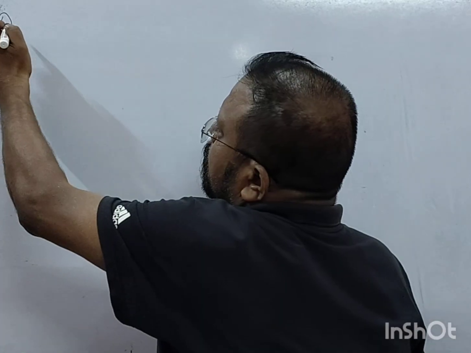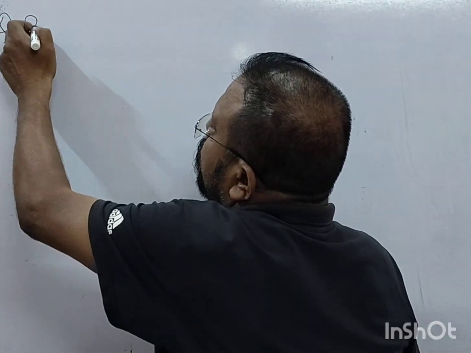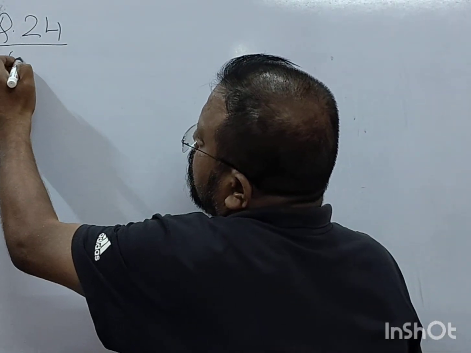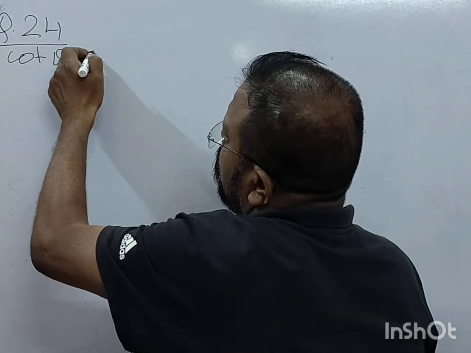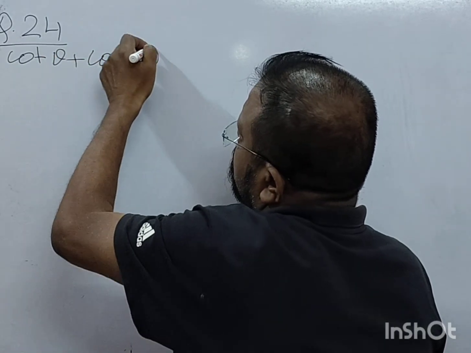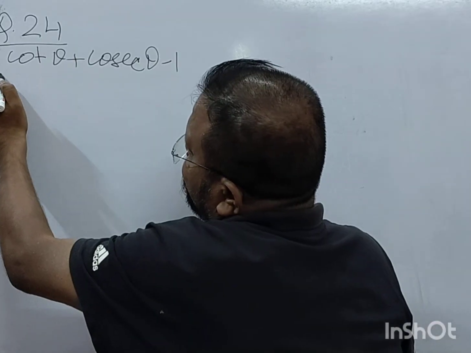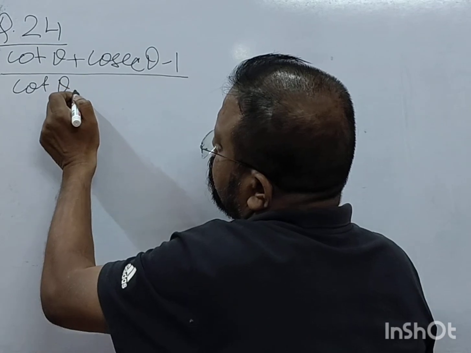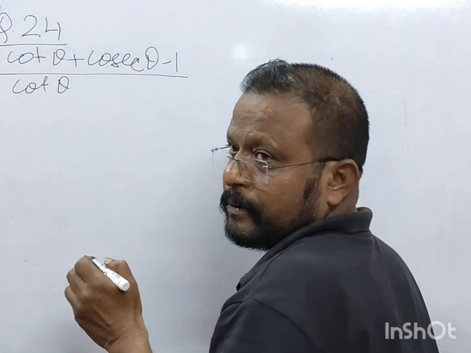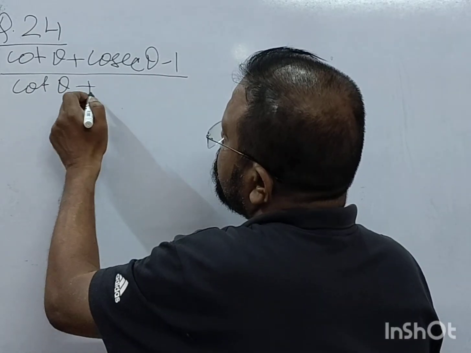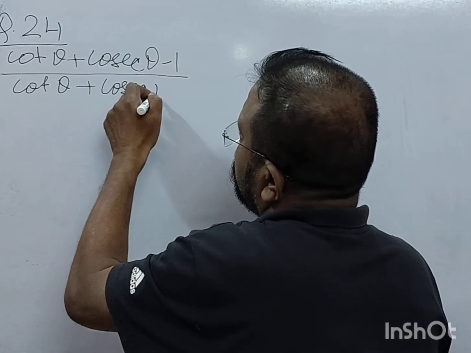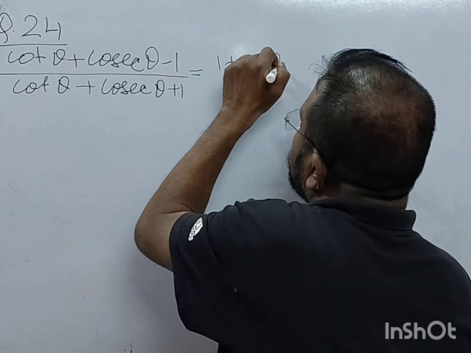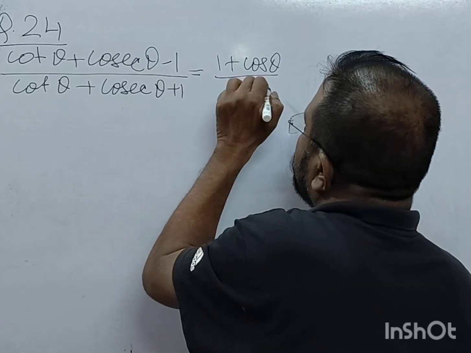Now, what next? Question number 24. Cot theta plus cosec theta minus 1 upon cot theta minus cosec theta plus 1 is equal to 1 plus cos theta upon sin theta.